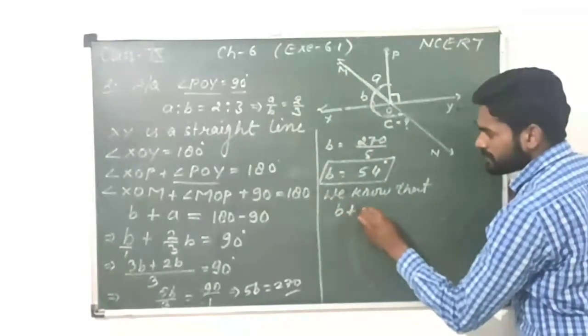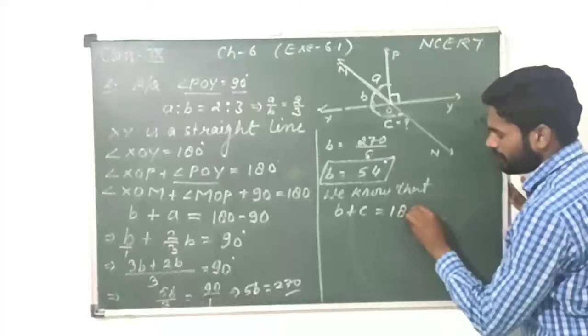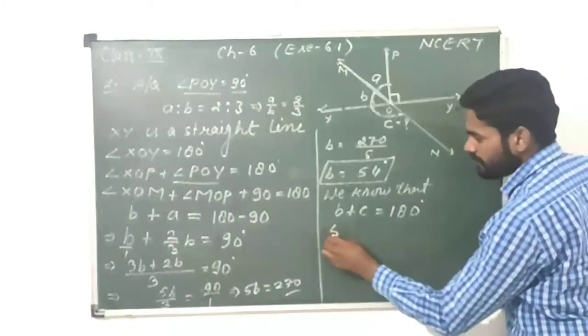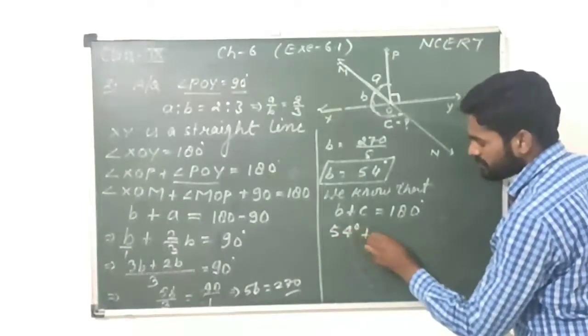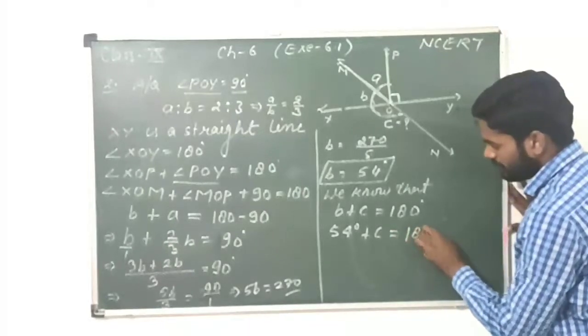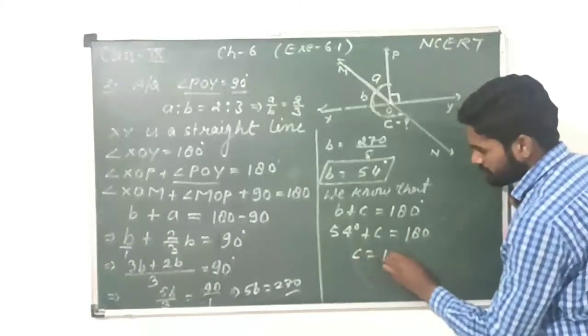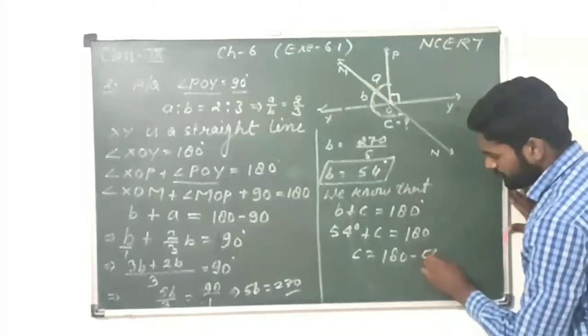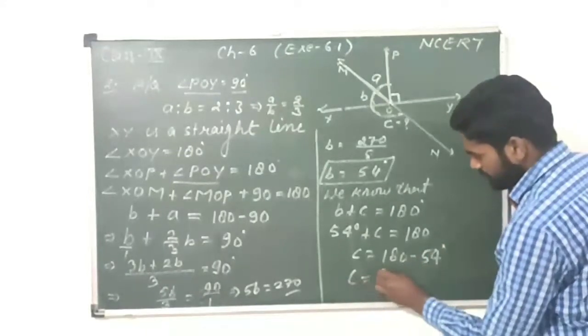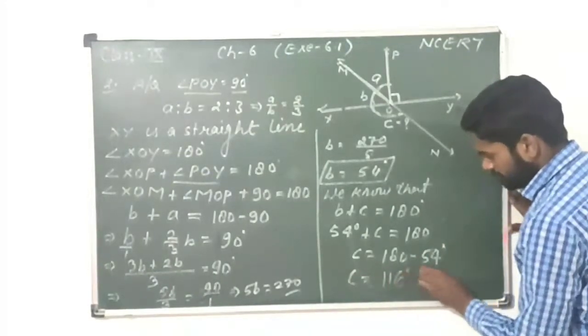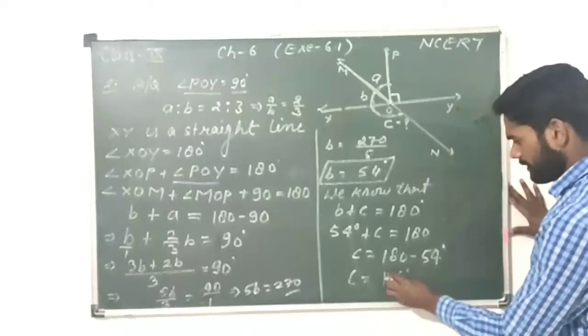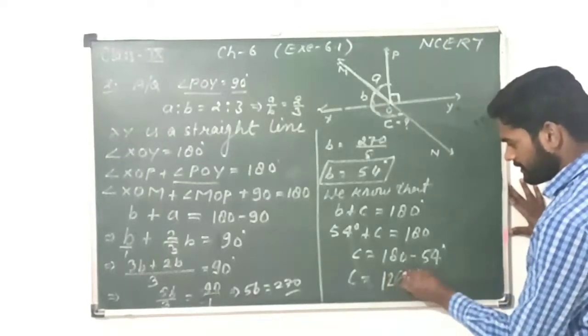So B plus C is equal to 180 degrees. B is 54 degrees, plus C is equal to 180 degrees. Finally C is equal to 180 minus 54, and C is equal to 126 degrees.